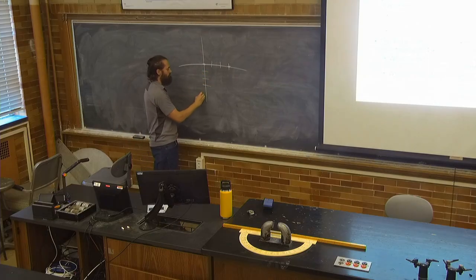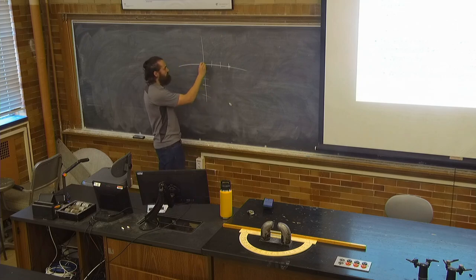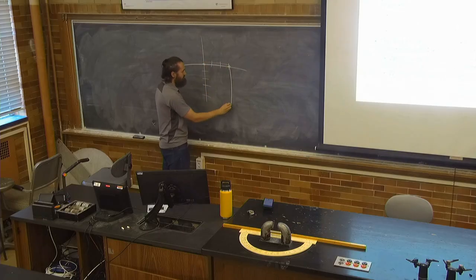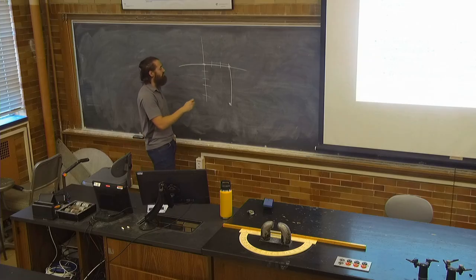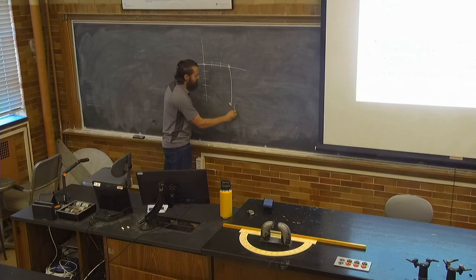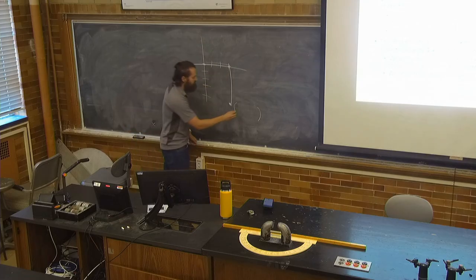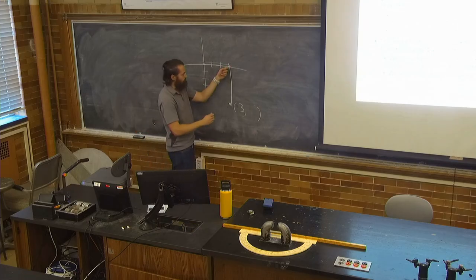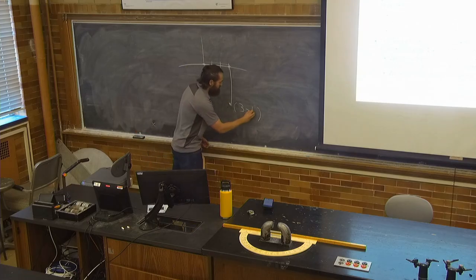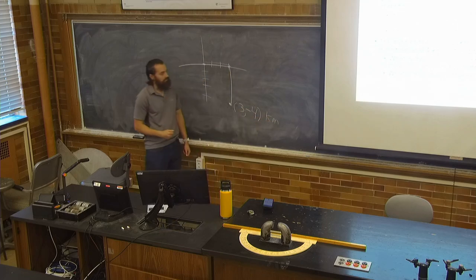So 1, 2, 3, 4. So now they've traveled this distance and then this distance. Their current position is down here. And the 2 coordinates that represent that position would be 3 units to the right, and then negative 4 units, or 4 units below the axis, so negative 4. And then the units on both of those would be kilometers.